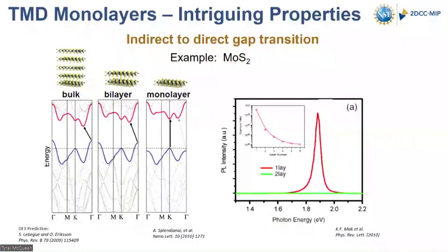So it was predicted that if you decrease the number of layers of moly disulfide from a bulk crystal, right, down to a single monolayer, the band gap would change from being indirect gap in the bulk to being direct gap in the monolayer. So that was predicted by DFT, and it was experimentally verified, right? So the consequence of this is that when you have a direct gap semiconductor, it emits light very efficiently, right?